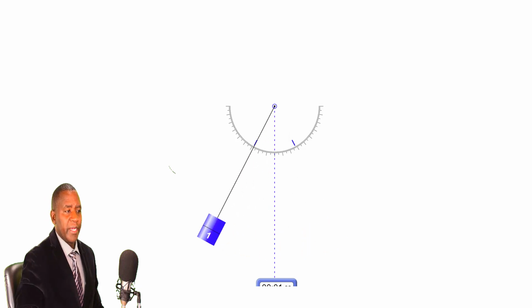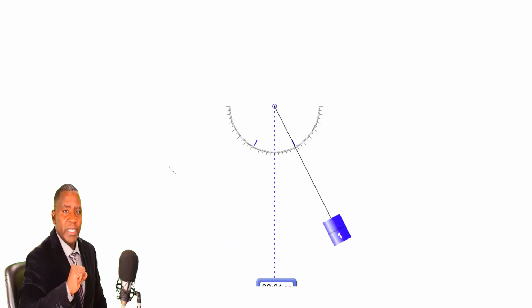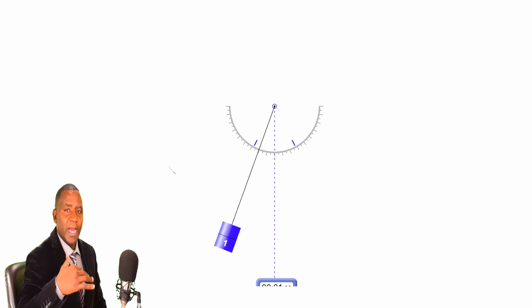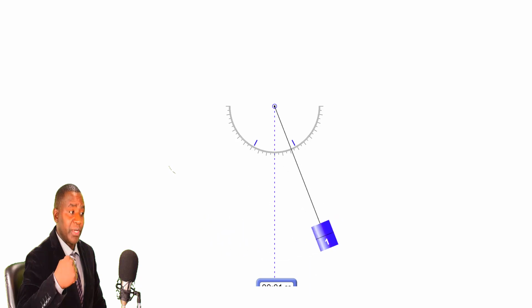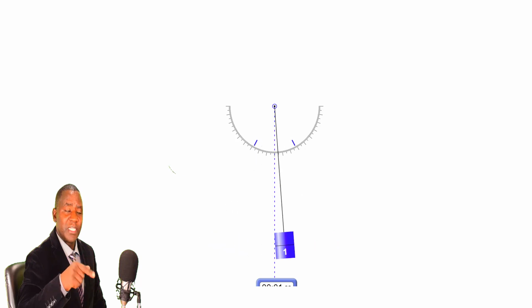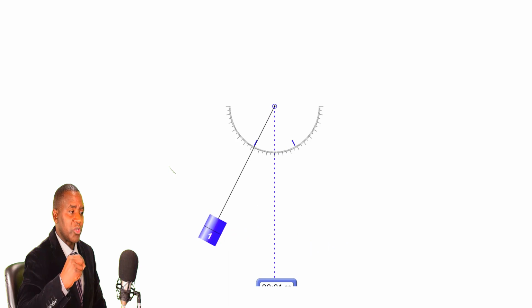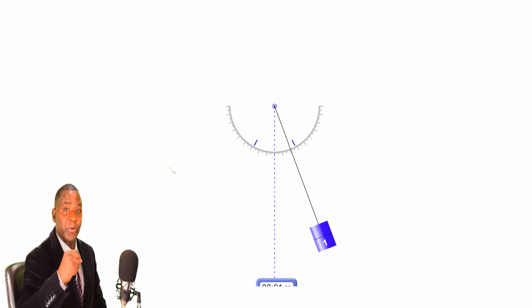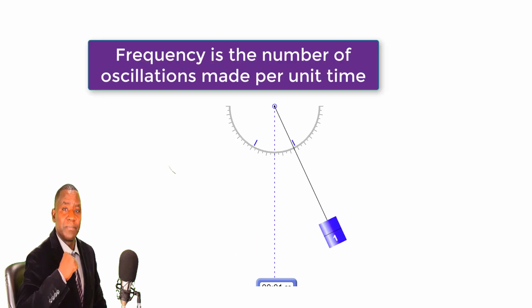Let me increase the frequency by maybe doing this experiment on a different planet with a higher value of gravitational field strength, such as Jupiter. And you can see on that planet, the mass is going to oscillate much faster. It's going to make many oscillations per unit time. The physical quantity that we are talking about here is referred to as frequency. Frequency is the number of oscillations that particle makes per unit time.